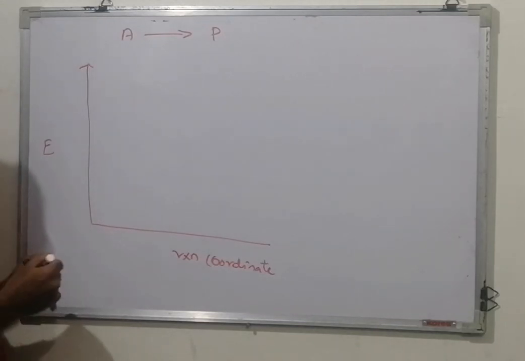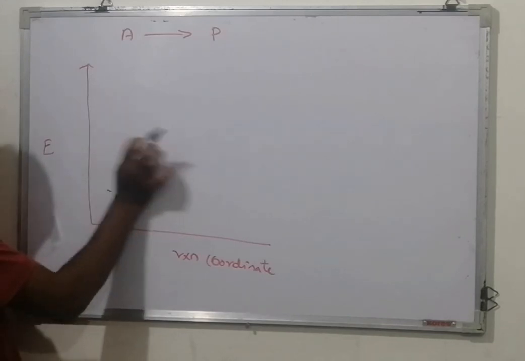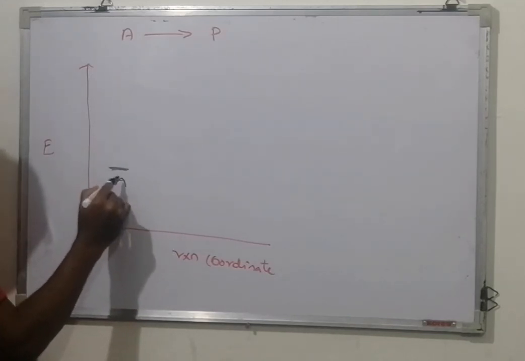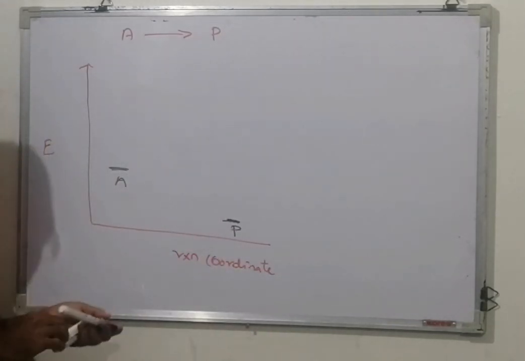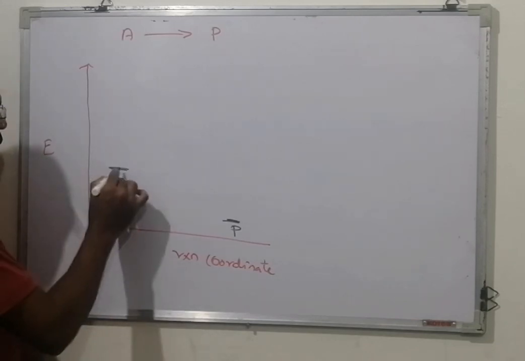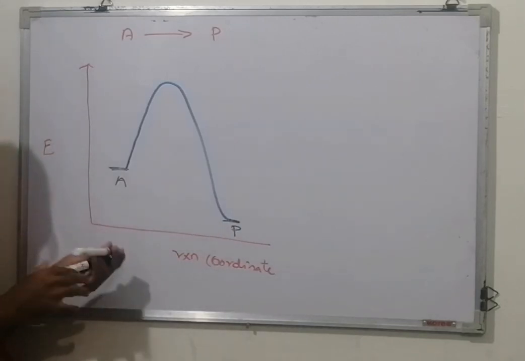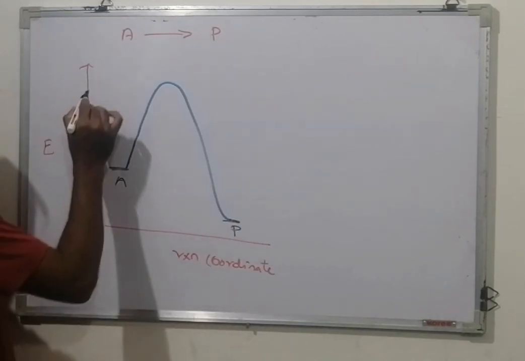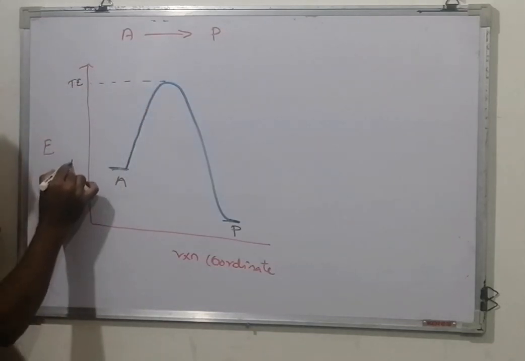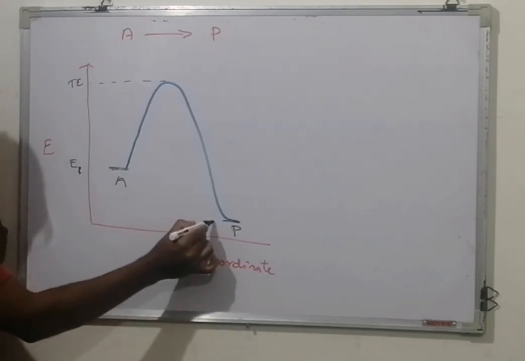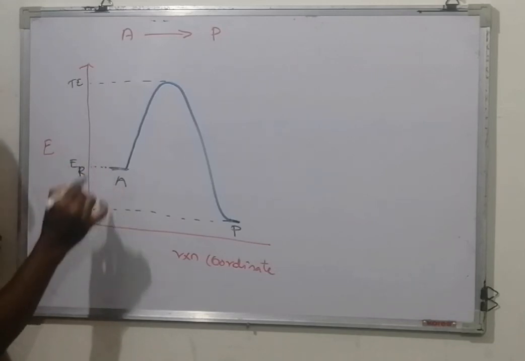Now suppose here A, and here your P, products. You know, the reaction will be like this. This is our energy barrier, and this is called the threshold energy. This is the energy of reactant, and this is the energy of product. This is reactant, this is product.